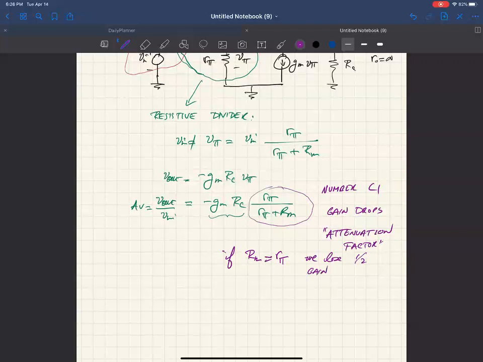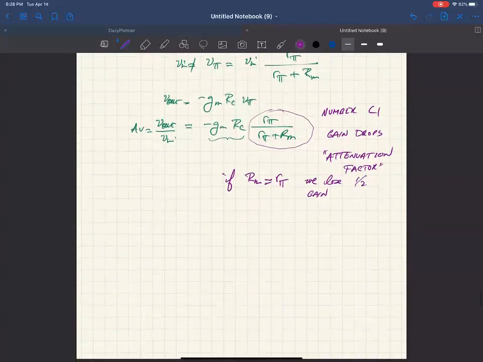And we saw in the previous examples how difficult it was to get gain, so to lose half of it because of the input impedance is really painful. Then you look at what a typical R sub pi value is. Again, assume I sub C is 1 milliamp.